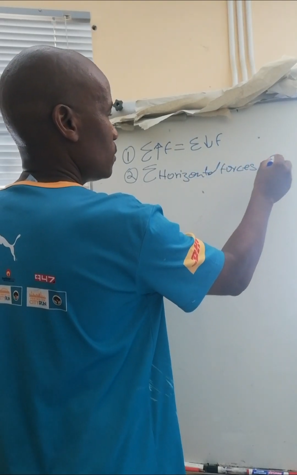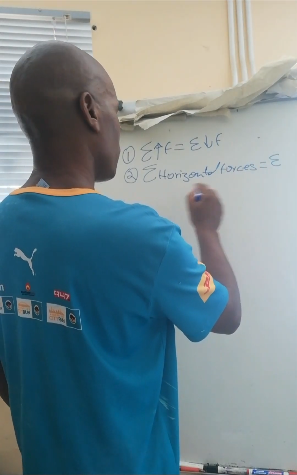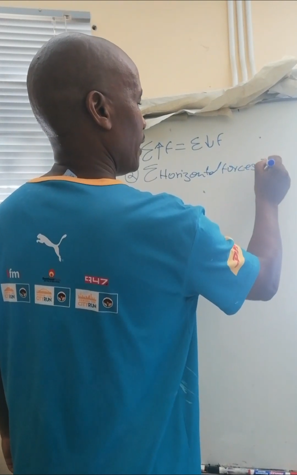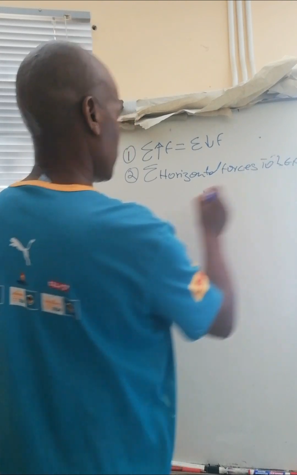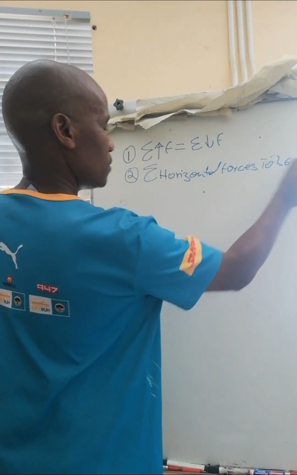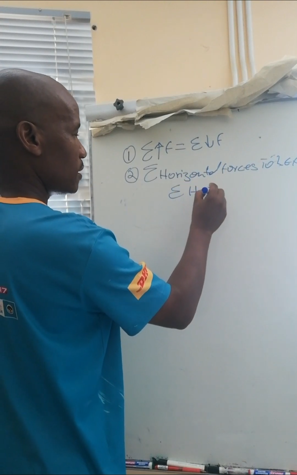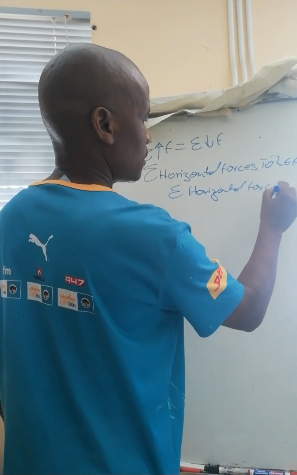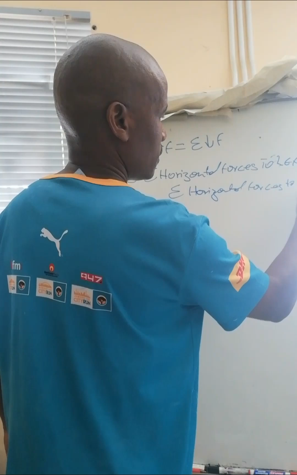And then number two, we must say the sum of the horizontal forces to the left is equal to the sum of the horizontal forces to the right.